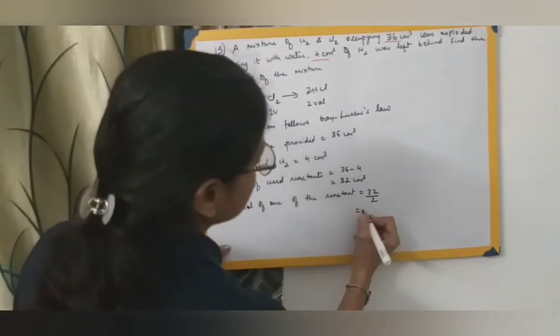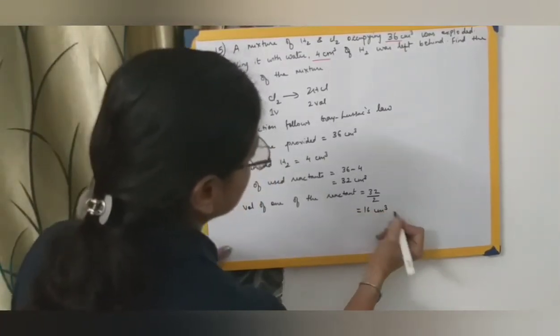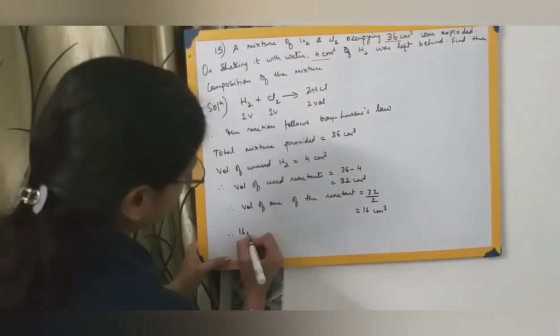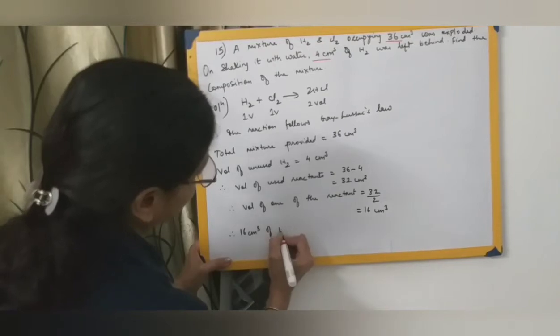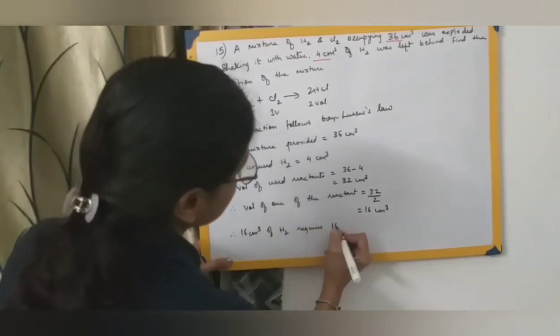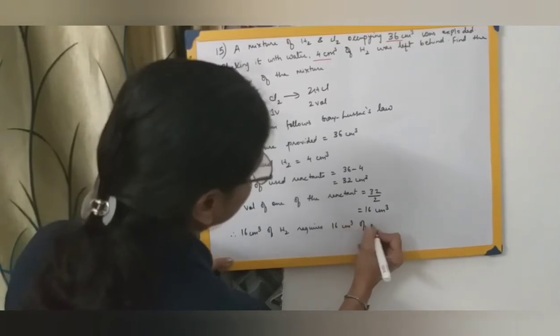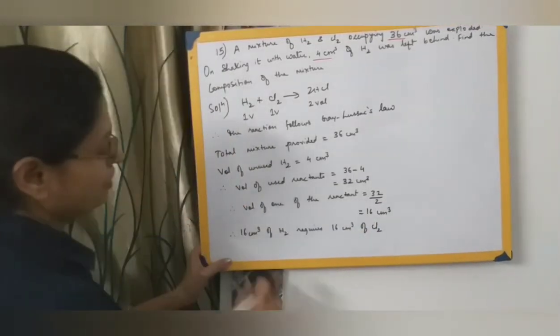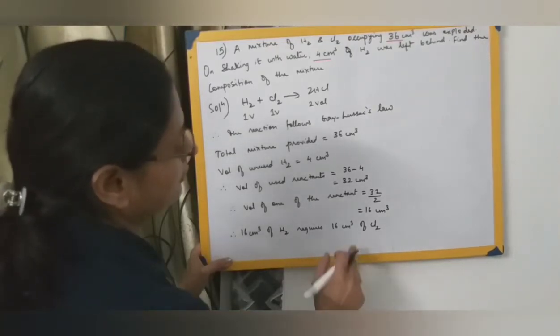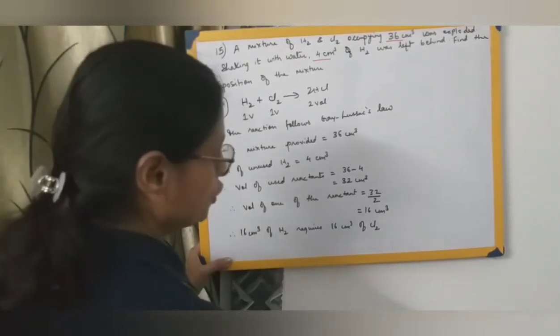That will be 16 cubic centimeter. So according to this equation, 16 cubic centimeter of hydrogen requires 16 cubic centimeter of chlorine. So hydrogen taken up is 16, and chlorine taken up is 16 cubic centimeter.